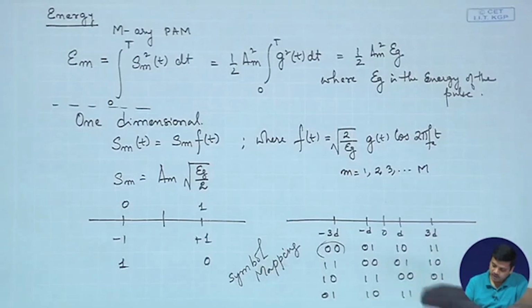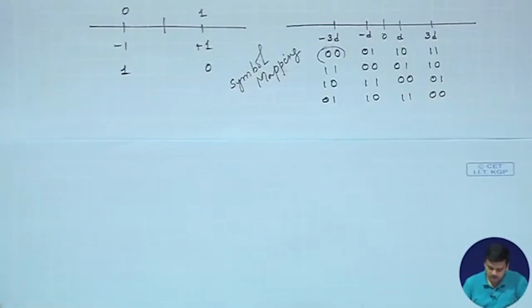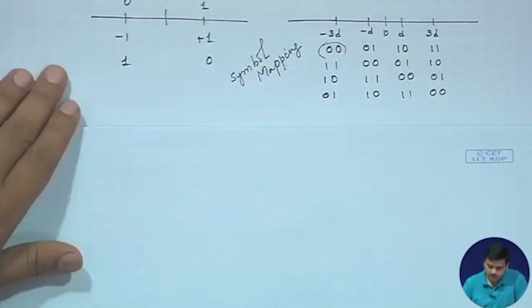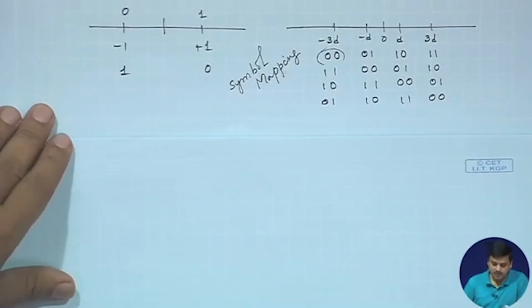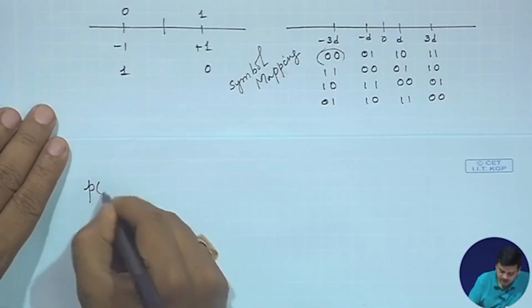Now, we would like to come back to a discussion of white noise. During the discussion of white noise, we talked about certain correlation properties. We should also discuss the PDF, the probability density function.